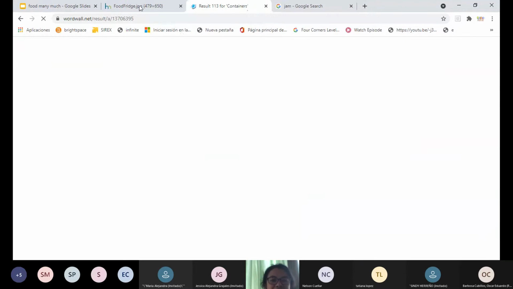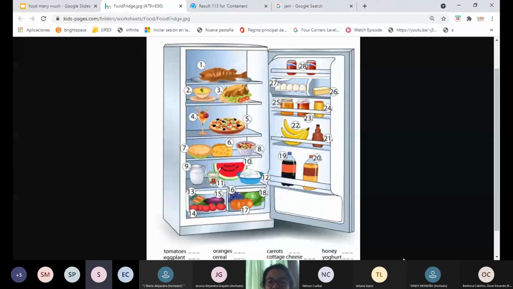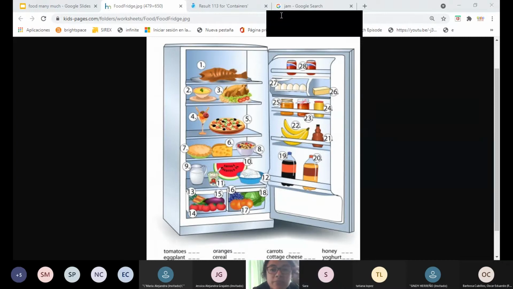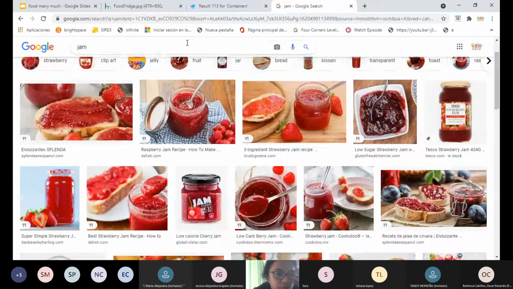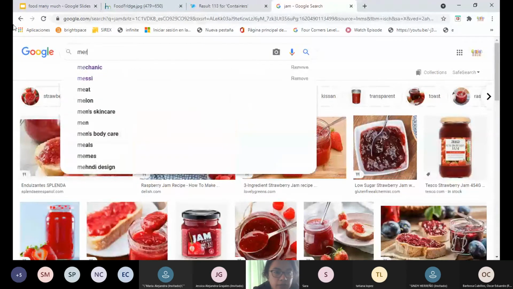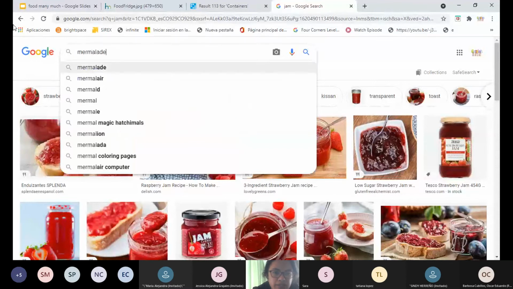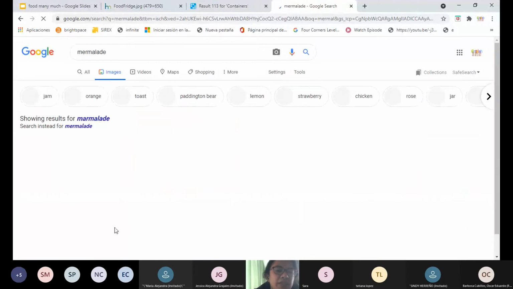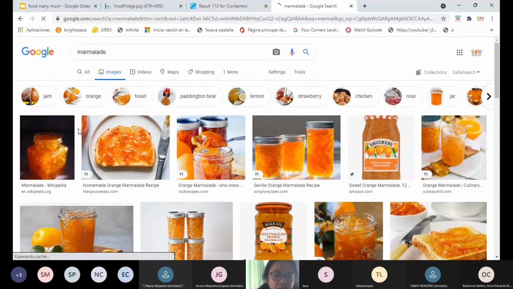So in that case, Edwin, yeah. Jam es como mermelada, ¿cierto? Como jalea. Yes. Mermelada. Aunque también a veces dicen marmalade, pero creo que es más como un jam. Yeah, they say marmalade too, but the most common one is jam. Marmalade tiene más las fruticas, ¿sí?